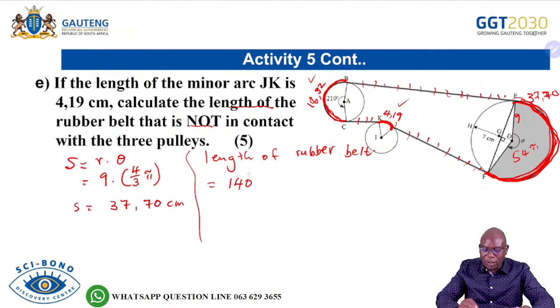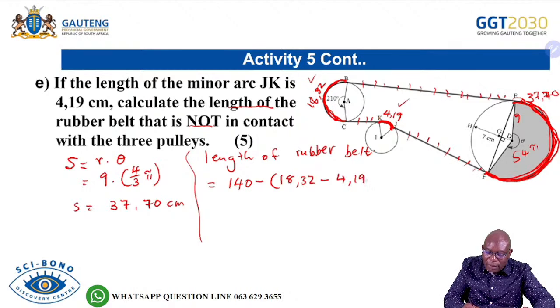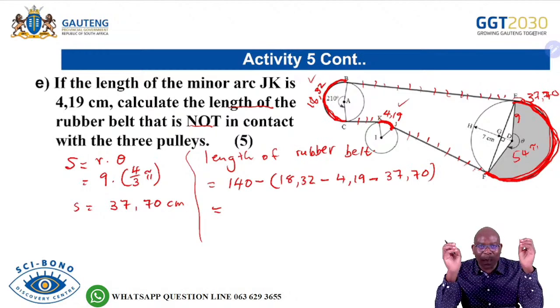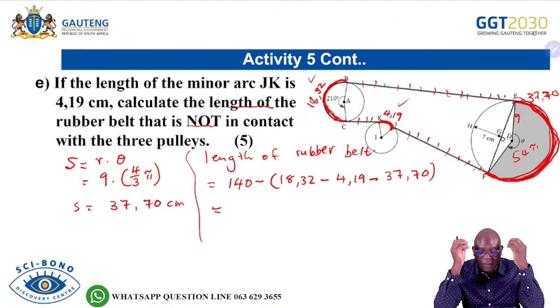So the whole length is 140, but I must subtract what? The one that is on the pulley, it's 18.32. The other one that was given that is on the pulley, it's 4.19. And the other one that is on the bigger pulley, which is 37.70. Okay. And then I'm going to be left with the length of the rubber that is not on the pulleys, on the 3 pulleys.